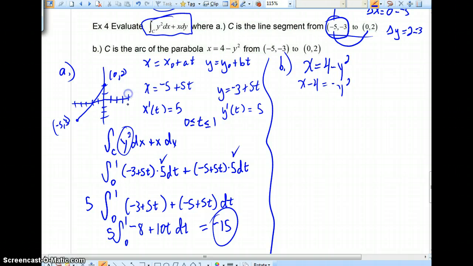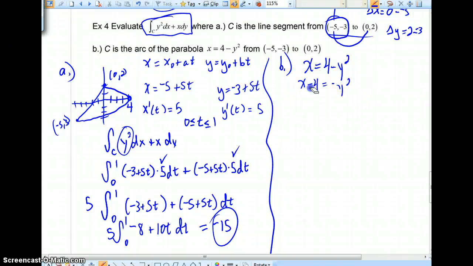That would be the vertex of your parabola, and you're very quickly going to see that your parabola has the same endpoints as we did for the line segment, but it gets to the beginning and the ending of those points in a very different path.